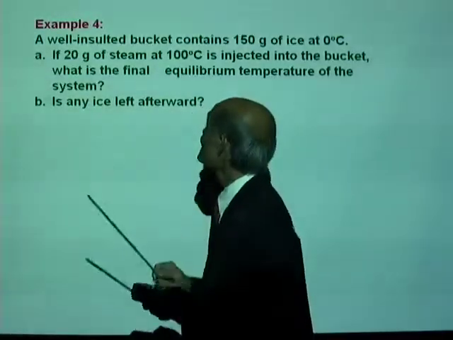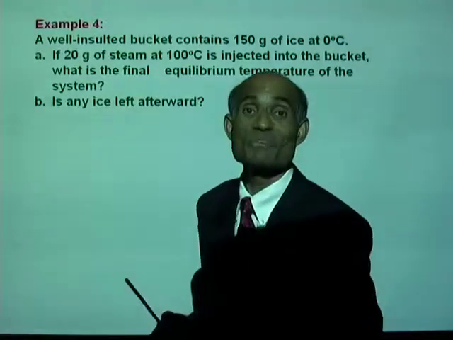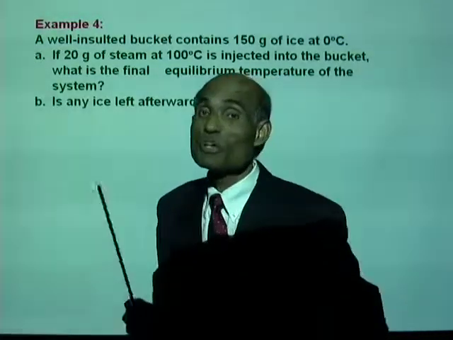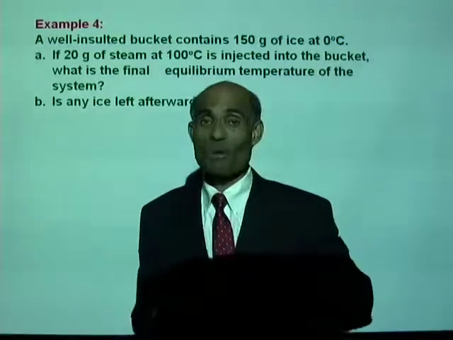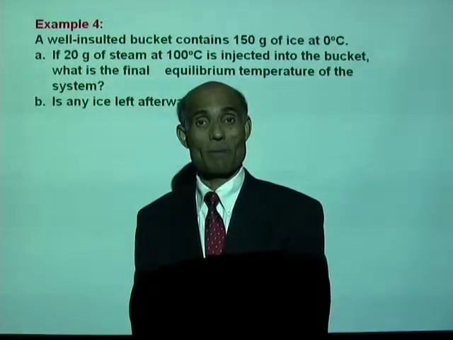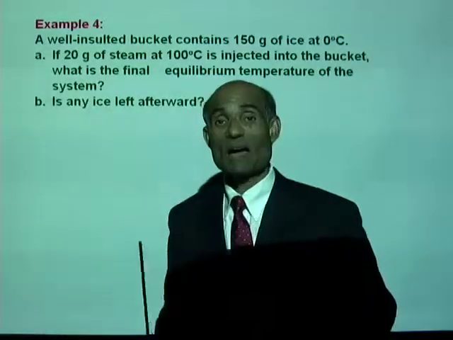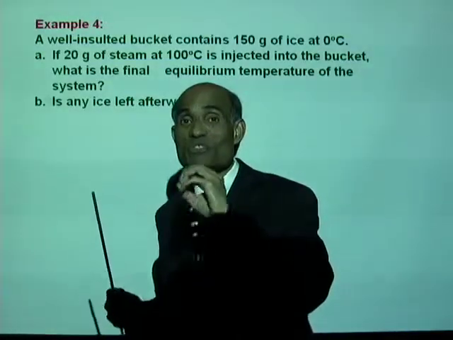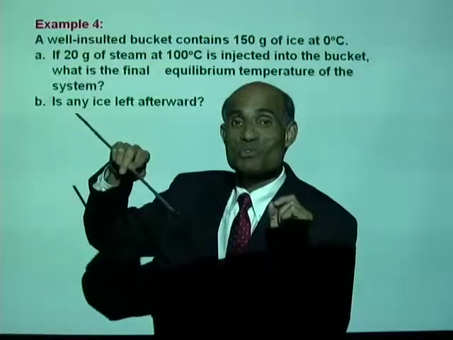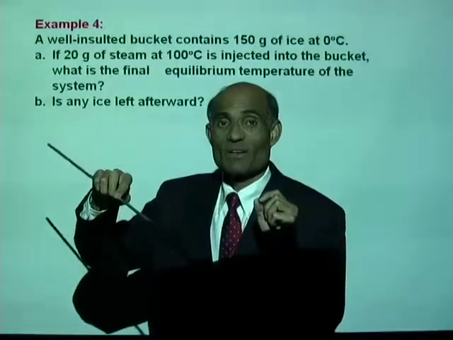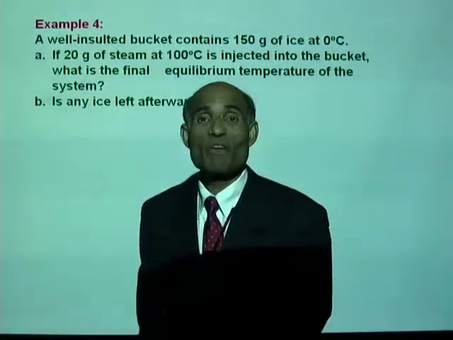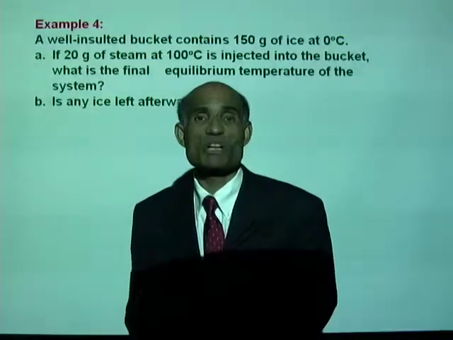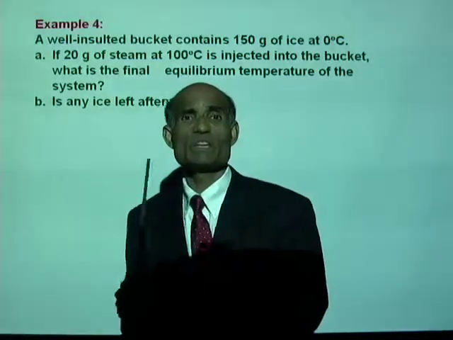Is any ice left afterward? You see, you need to understand and visualize the problem if you want to do it. What is happening here? We have 20 grams of steam at 100 degrees Celsius injected into a bucket. What is the final equilibrium temperature of the system?